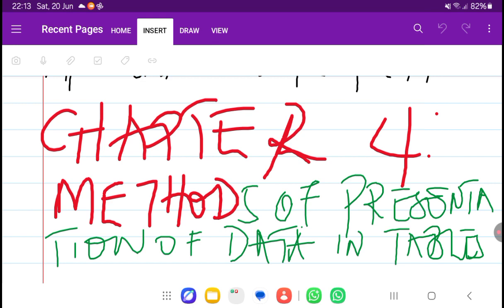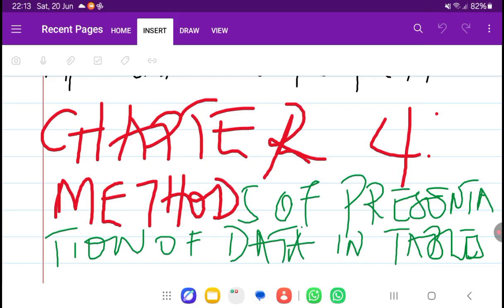So the most useful method of presenting data is by constructing what we call tables or frequency distribution tables, or it could be constructing statistical charts and graphs. For example, we can construct histograms, frequency polygons, ogives, pie charts, Pareto charts, Lorenz curves, and time series graphs, and so many other things, as we shall look at.